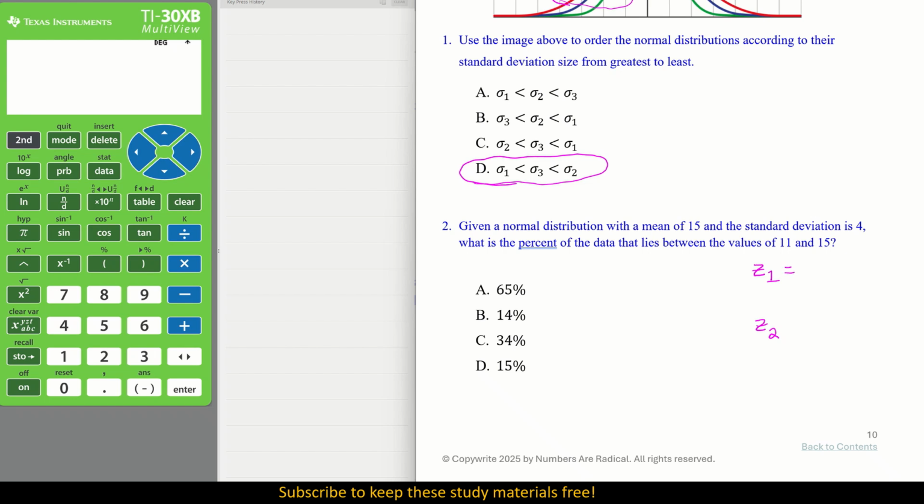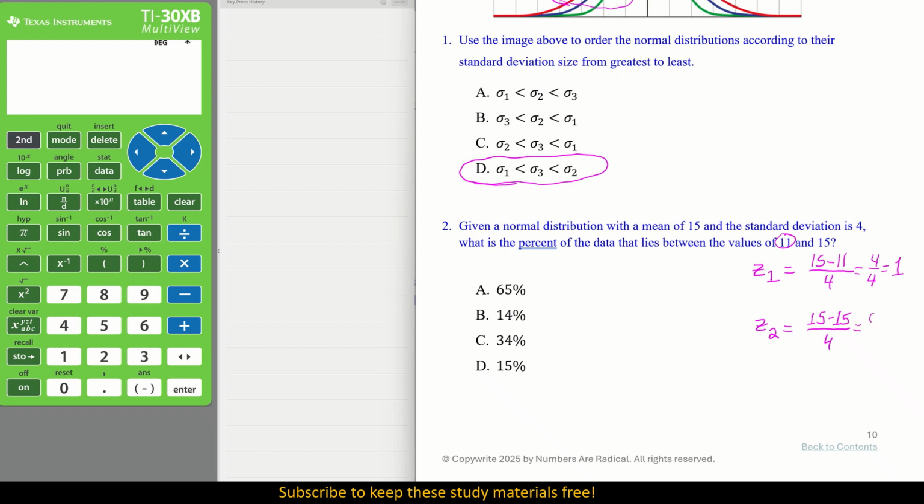We have to divide by 4 the given value minus the mean. For z sub 1, we say 11 minus 15, and for z sub 2, that will be 15 minus 15. As you can see, 4 over 4 is 1. That's 1 in absolute value for z sub 1.